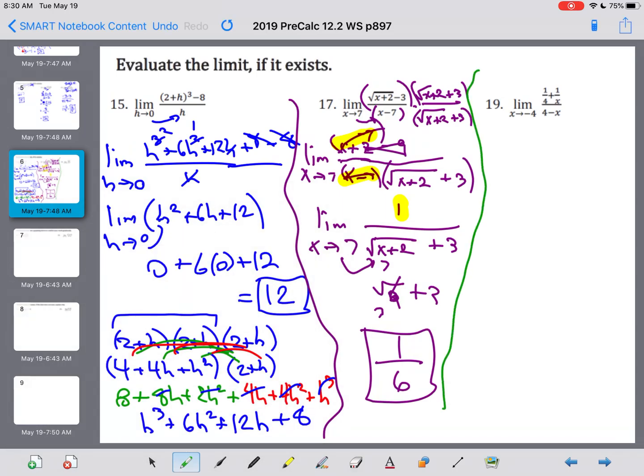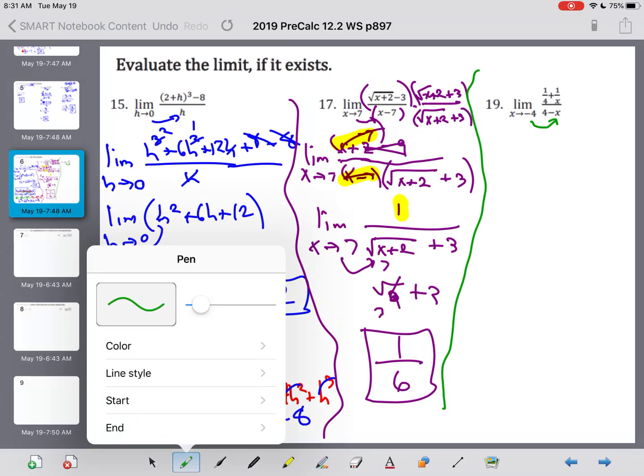Now this last one here, if I plug in a negative 4, in here, I'm going to be in pretty good shape. Except I got the problem in there wrong. Okay, this is supposed to be a plus.